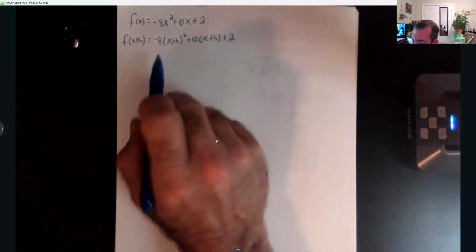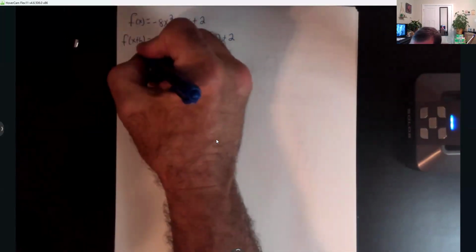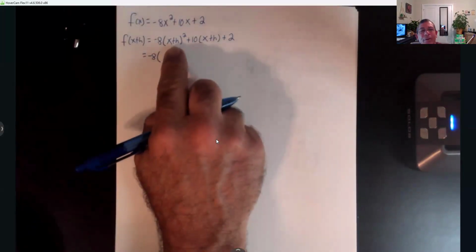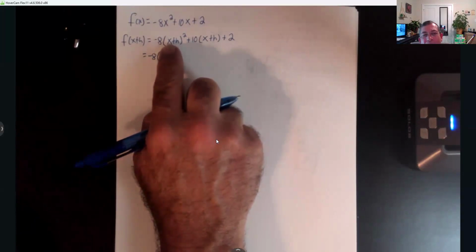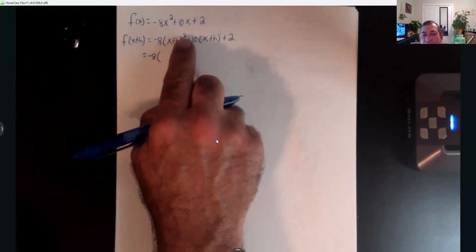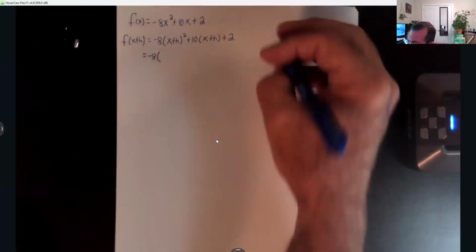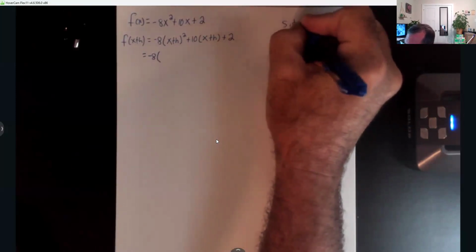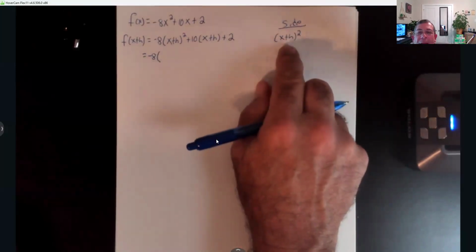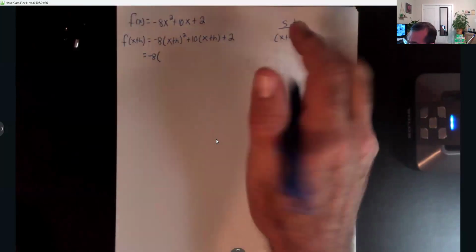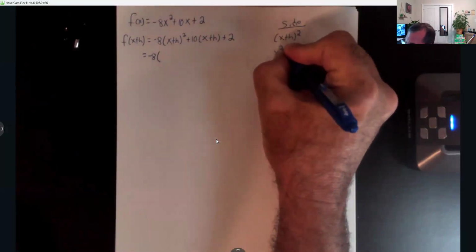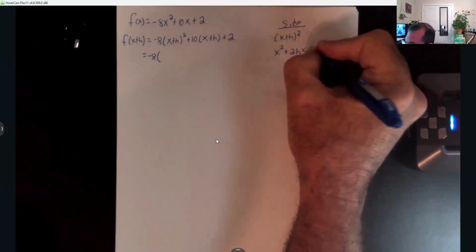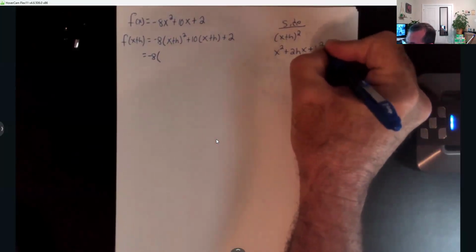So the whole trick on this one is getting this f of x plus h. So y'all, I'm going to bring down my negative 8. Oh, do y'all remember what I have to put in place of x plus h squared? Because remember, we worked that out the other day. Every time we had an x plus h squared, we said that that equaled x squared plus 2hx plus h squared.